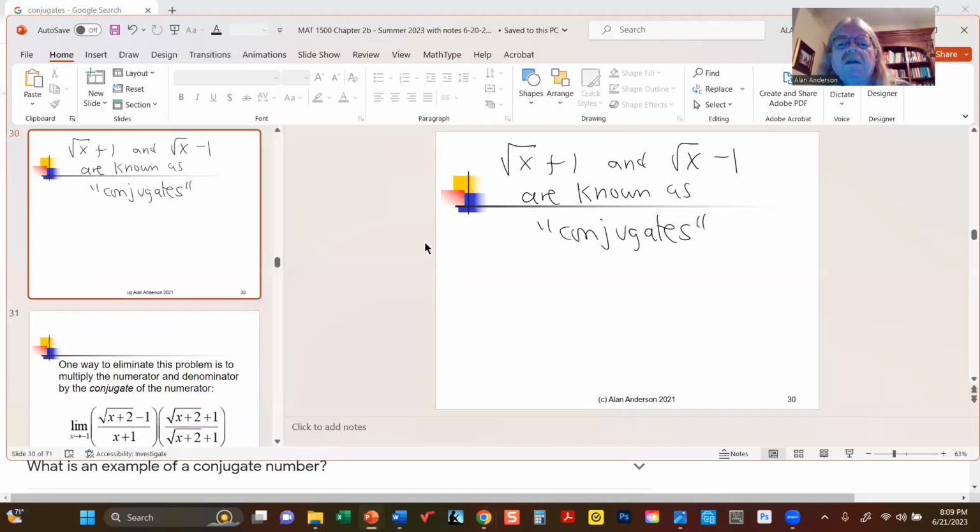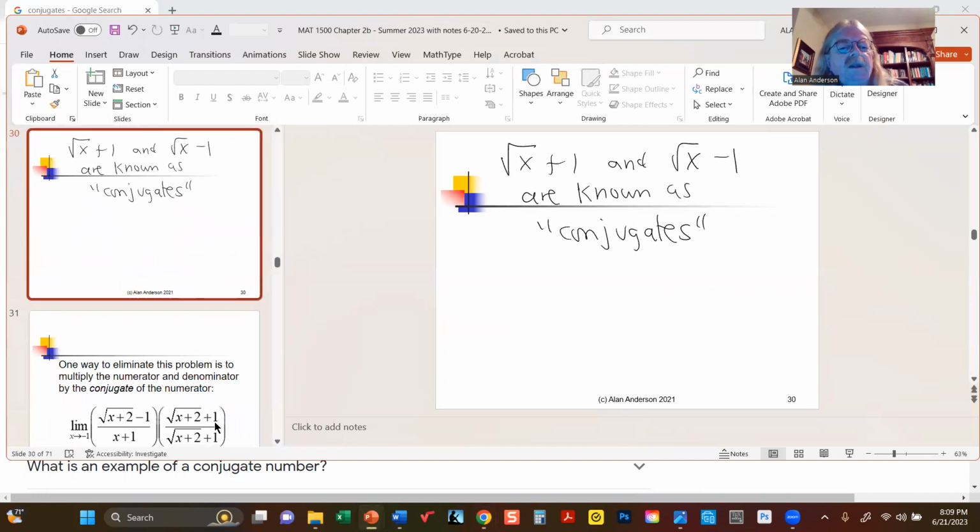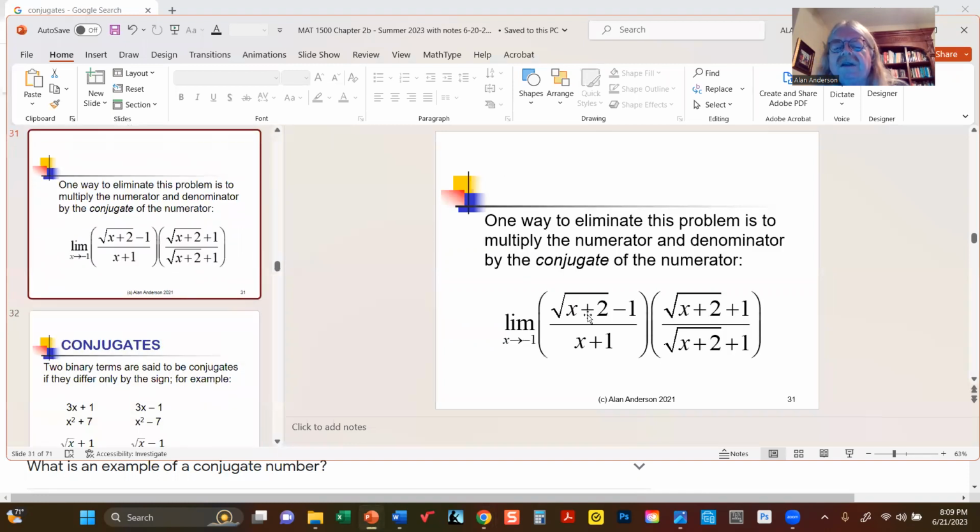Okay. So why does this matter? Because watch what's going to happen now. If you take this messy expression, we can't factor it, but what we can do to try to simplify it at least is to multiply the entire expression by a ratio, which is clearly equal to 1, where these are conjugates of each other.